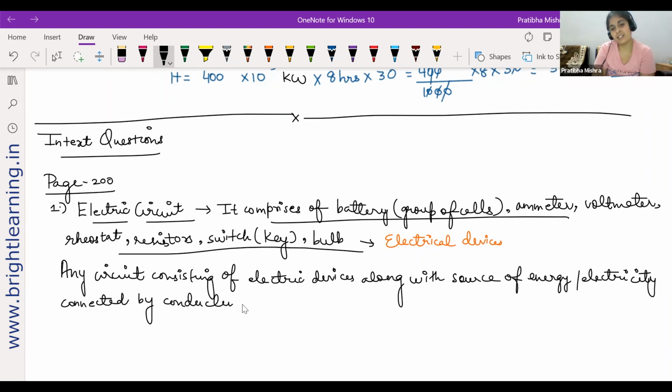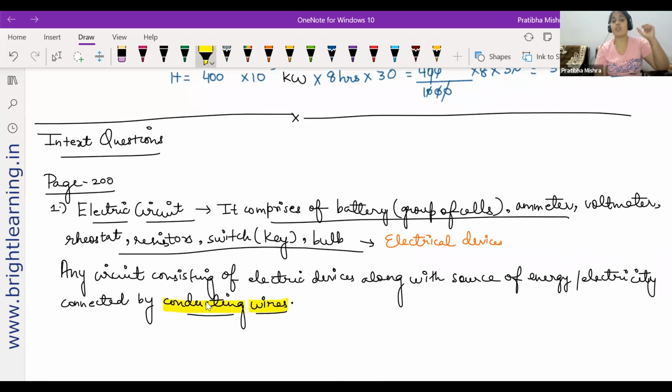Like this you have to write down your answers. See, the devices that you gave as examples, those are the devices. But how is your electric circuit going to look? All the devices connected with conducting wires. Don't just write wires, because it can be any wire, it can also be insulating wire.